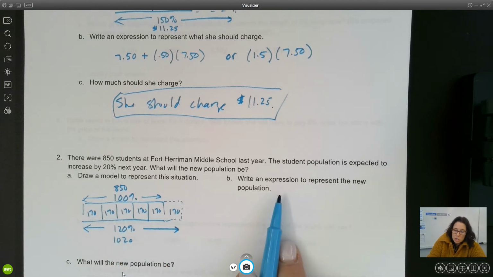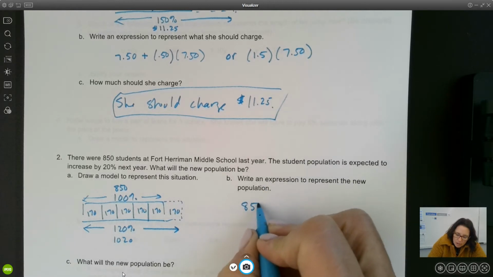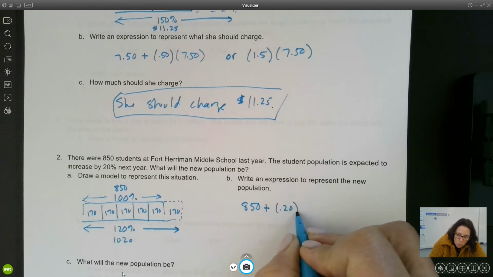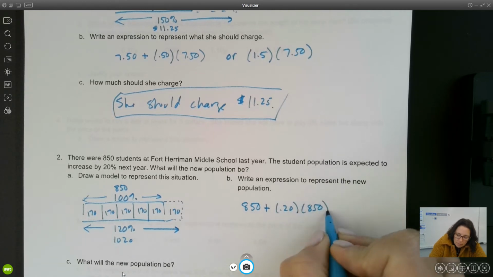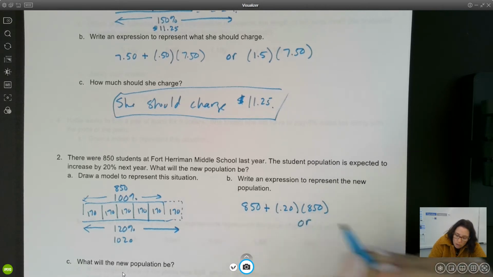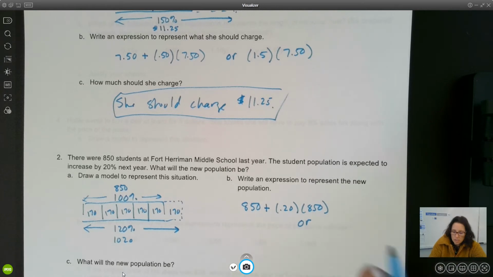An expression to represent the new population: we've got this 850 population, and we increase it by 20% of the 850. That's one way. We practiced that back in Module 1. Or some of you might be starting to see that we're really looking for 120% of 850.